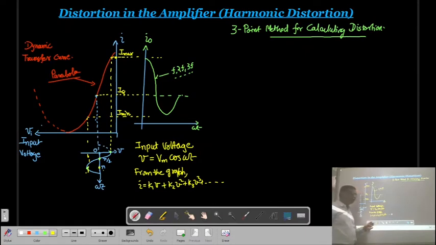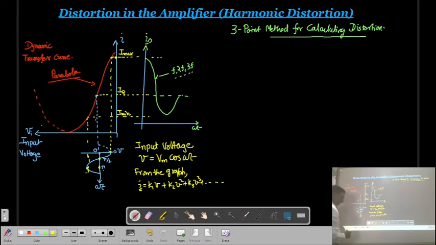Now we can introduce what V is here and calculate the current. But remember, this current represents the current of an active device. We want to calculate the output current of the amplifier.